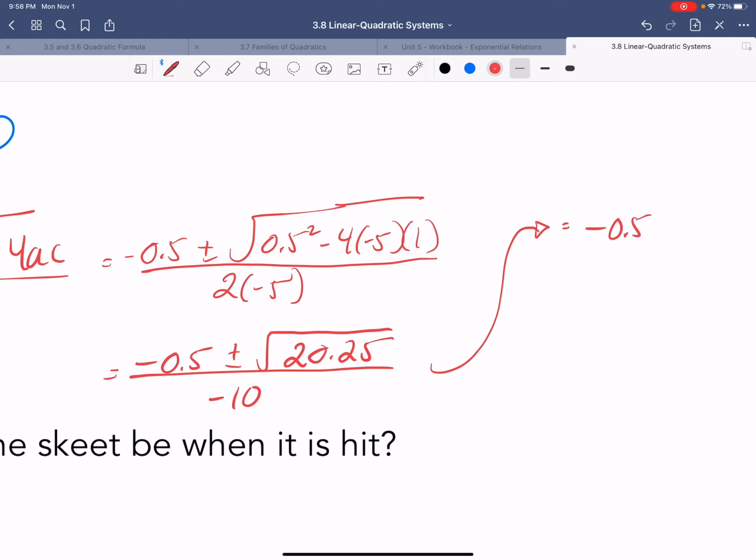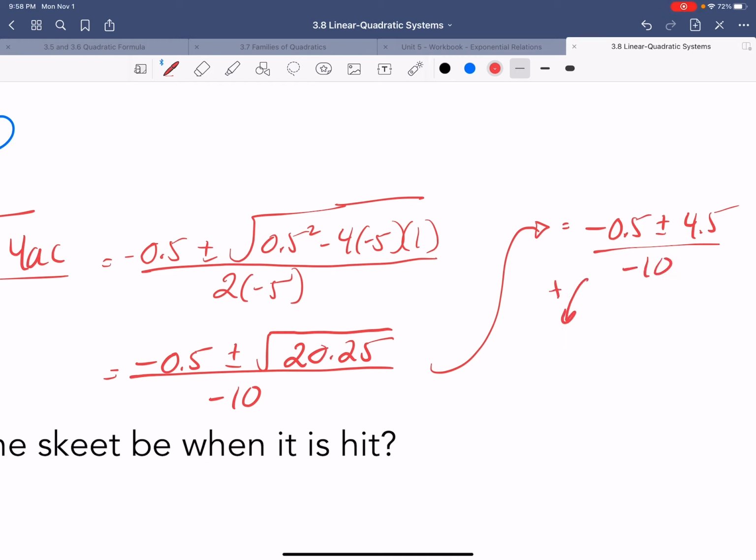Negative 0.5 plus or minus, oops, square root of that is 4.5, over negative 10.